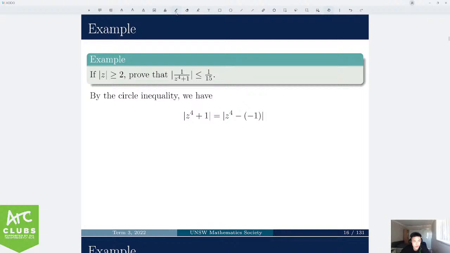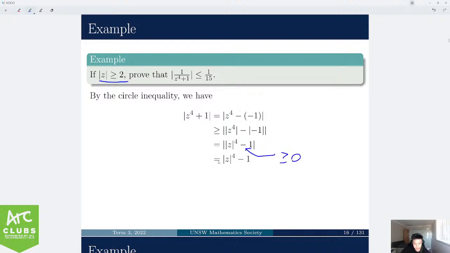So to use the circle inequality, we want to put it in the form of the circle inequality, and hence that's going to be bigger than or equal to this over here, and this is by the circle inequality. Since we know that the modulus of z is bigger than or equal to 2, this inside thing here is going to be bigger than or equal to 0, and hence we can just remove the outside absolute value.